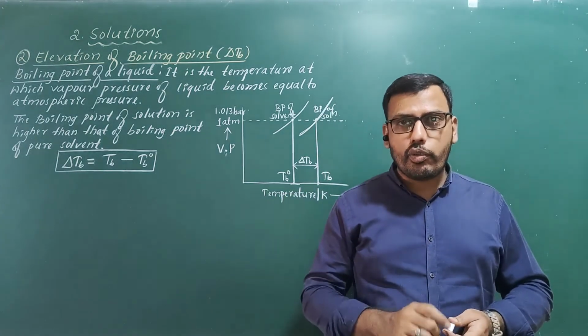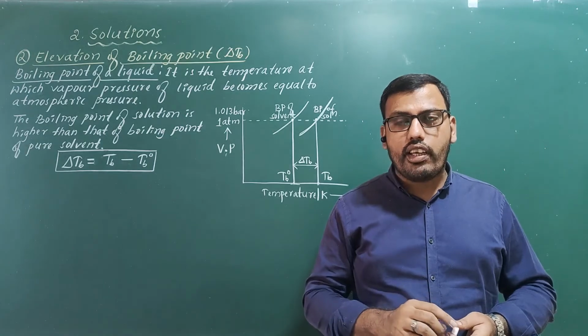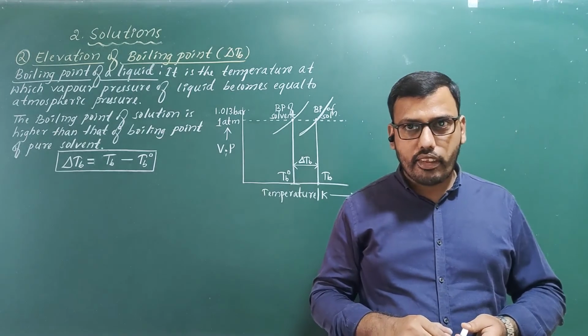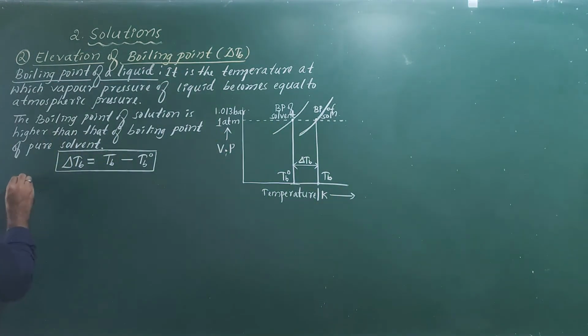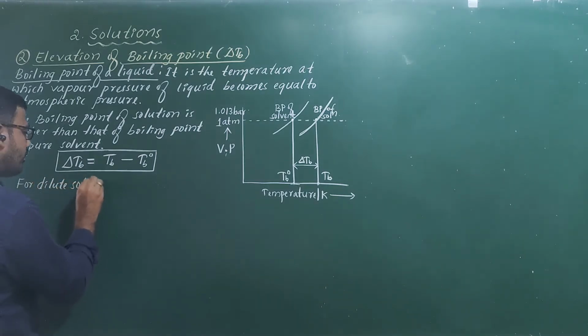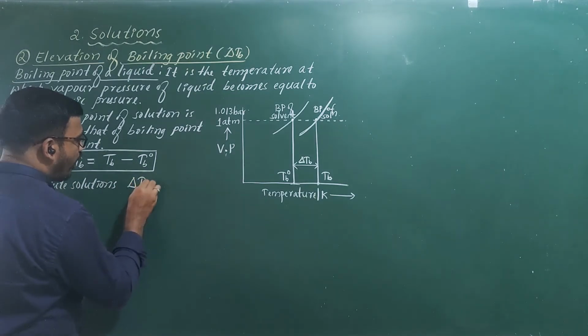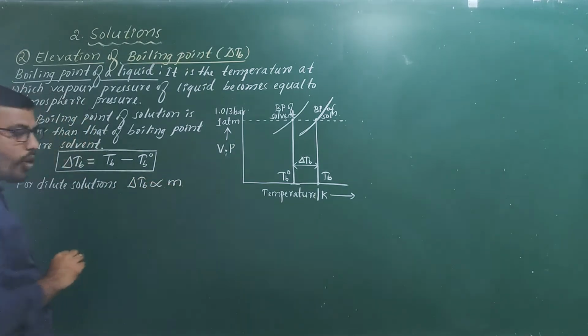For dilute solutions, this elevation of boiling point delta TB is directly proportional to small m.